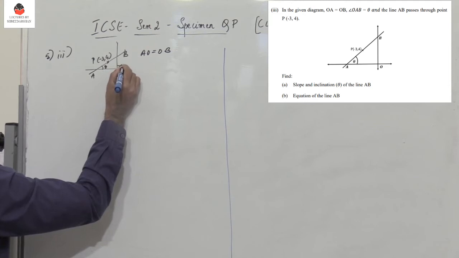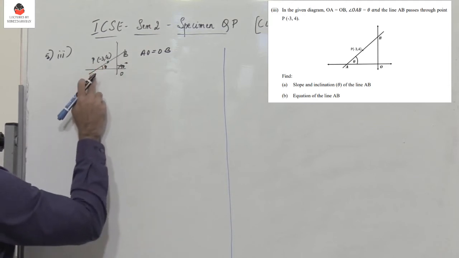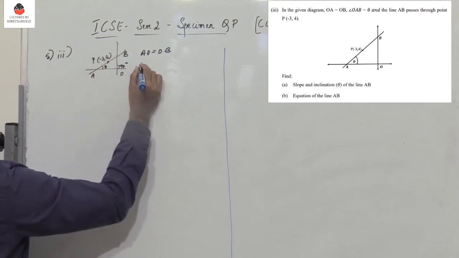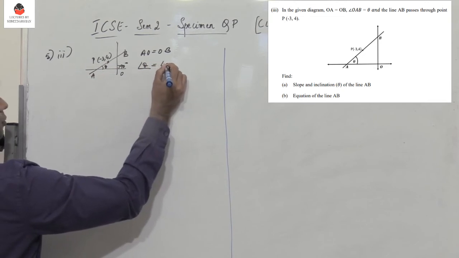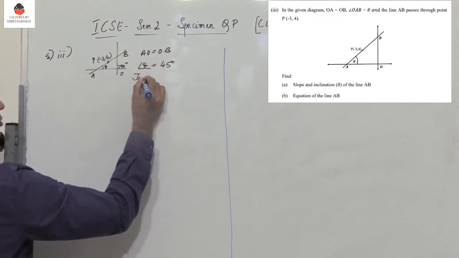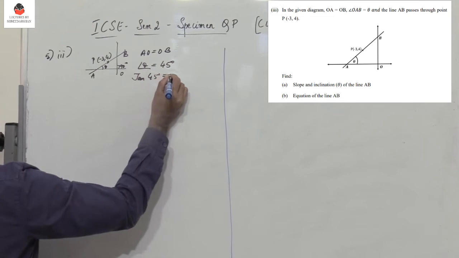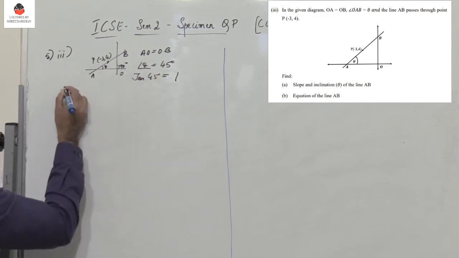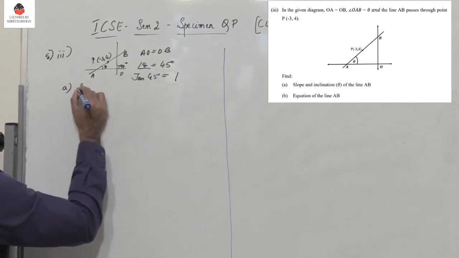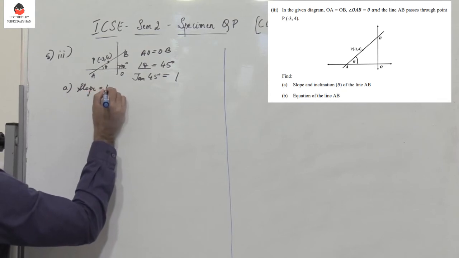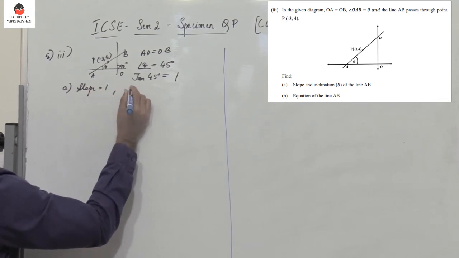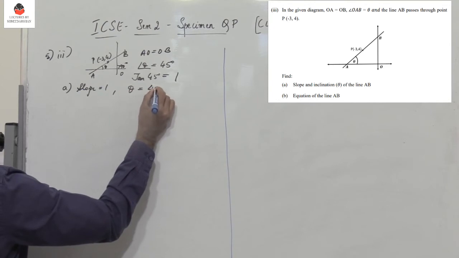So this is 90 degrees, right? If AO is equal to OB, definitely angle θ will be equal to 45 degrees. So tan 45 degrees is equal to 1. So the slope is 1 and the angle of inclination is 45 degrees.